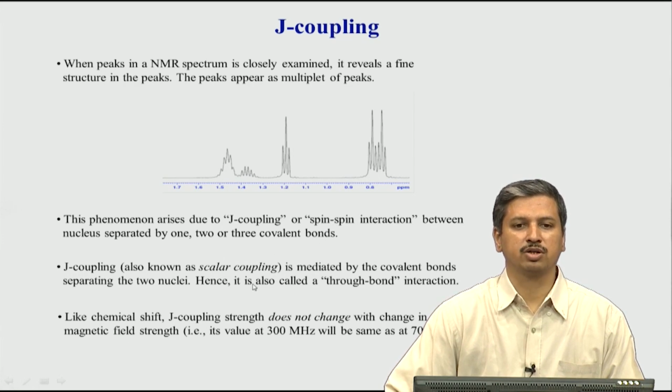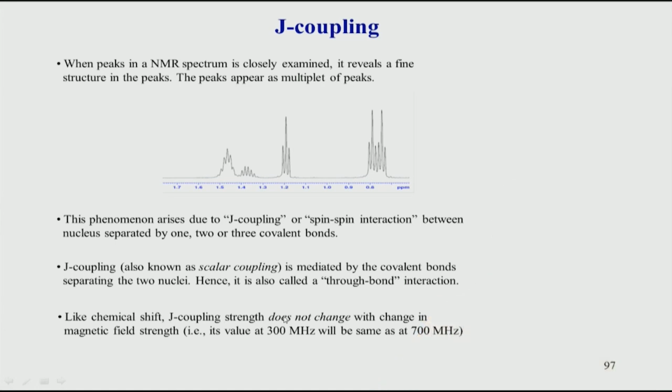J coupling is also known by the words scalar coupling or through-bond interaction, and like chemical shift, J coupling does not change with change in the magnetic field. For example, if I measure the J coupling between 2 atoms on a 300 megahertz spectrometer as, let us say, 10 hertz, that value will be the same if I go to a higher magnetic field. That value does not depend on the magnetic field.